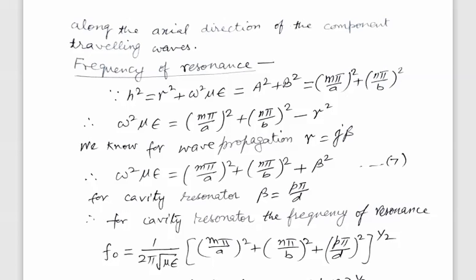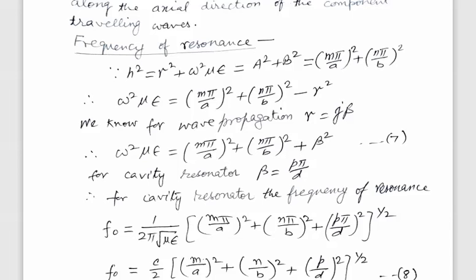Now we will find the expression for the resonant frequency. h square is given by gamma square plus omega square mu epsilon, and also the value of h square is given by a square plus b square, and when the values of a and b are substituted, it is equal to (mπ/a) whole square plus (nπ/b) whole square.